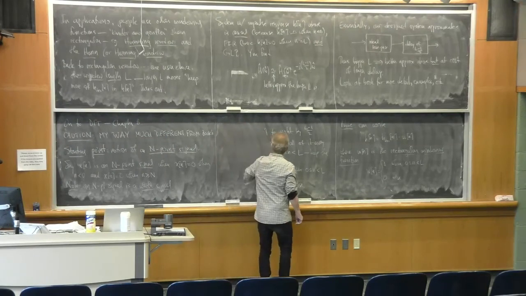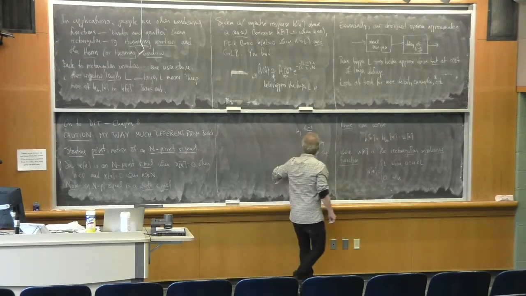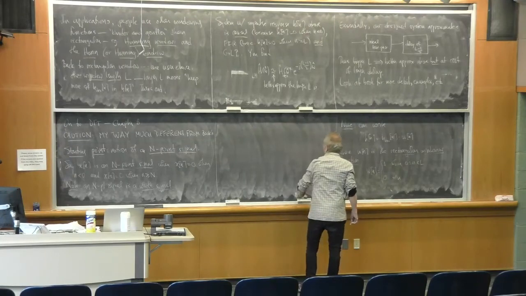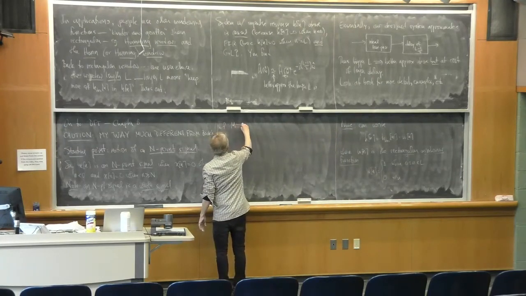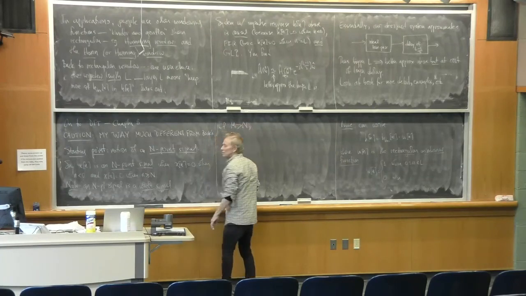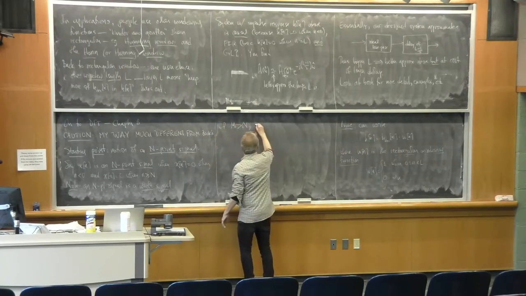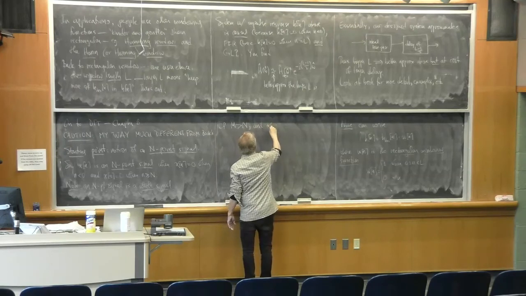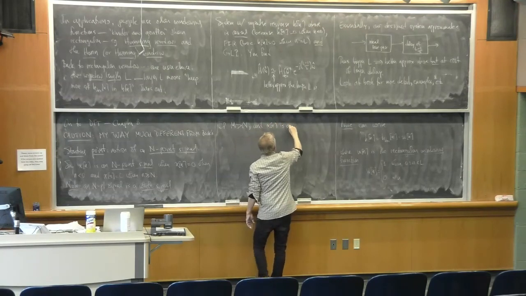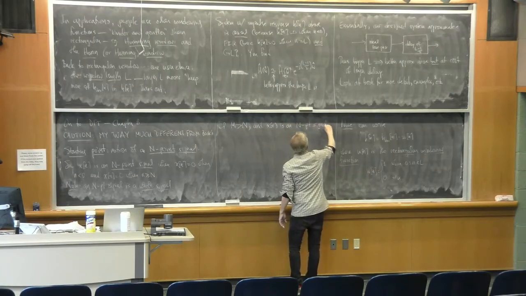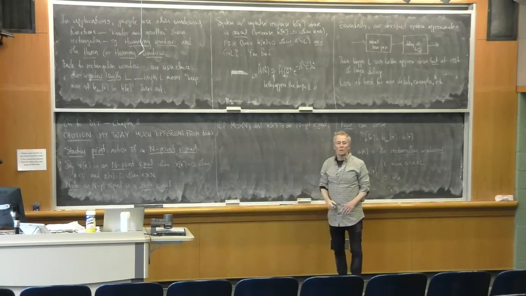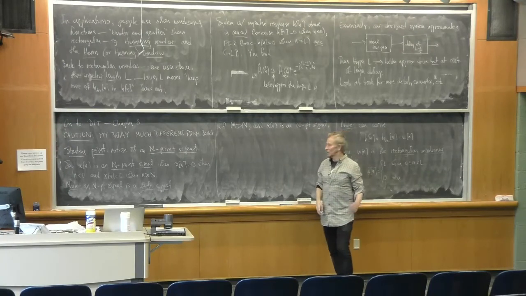Now observe that if capital M is another integer that's bigger than N, and x of n is an N-point signal, then x of n is also an M-point signal.